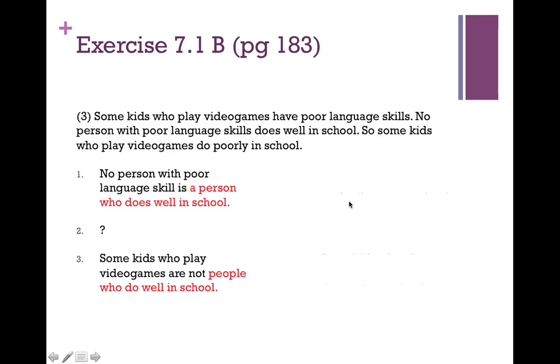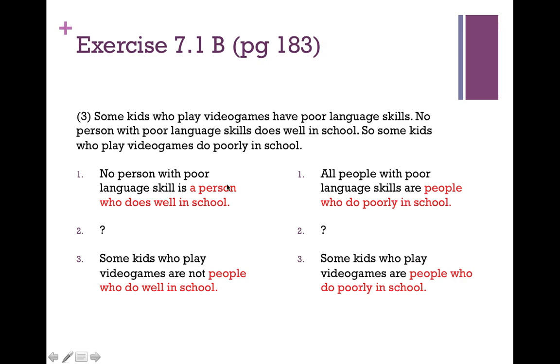We have one or two options on how to fix it. Either we can rewrite the conclusion so that the major term is the same in both the conclusion and the major premise. So we find the obverse of the conclusion, and by doing that, we're stating a proposition which is logically the same, but worded a little differently so that we're naming the same class. And see, I've done that here. That's one option before us.